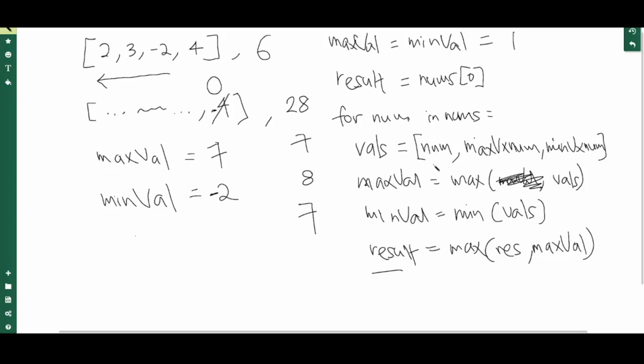We also want to keep track of num, because in cases like 0 and 4, right, num would be 4, max val and min val would be 0 because we multiplied in the first iteration. Hence, we want to save num equals 4 because that would give us a max val of 4 over here. So let's go to the code walkthrough and see how we can implement this.